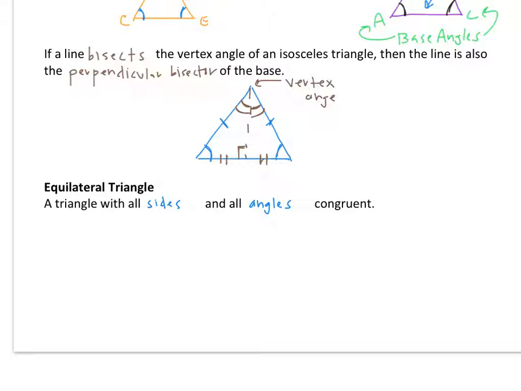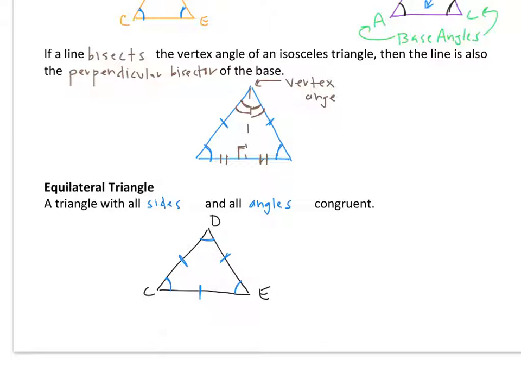So this is our triangle here, and this will be triangle C, D, E. Then angle C, angle D, and angle E are all congruent, and line CD, line DE, and line EC are all congruent as well.